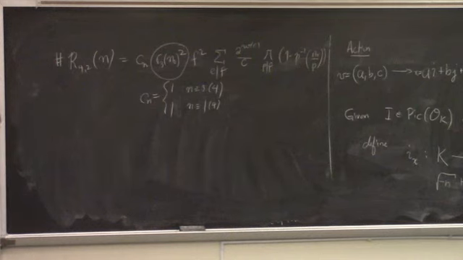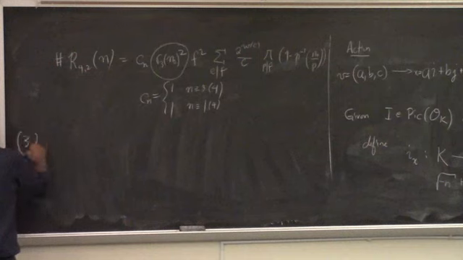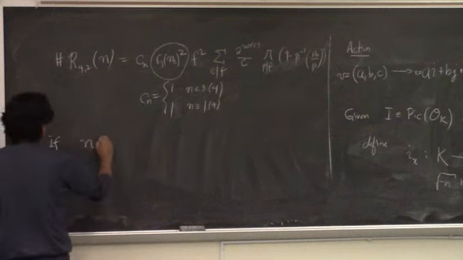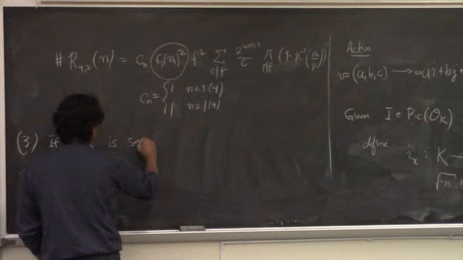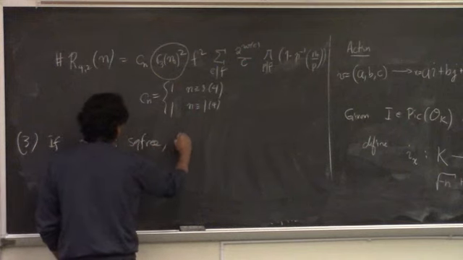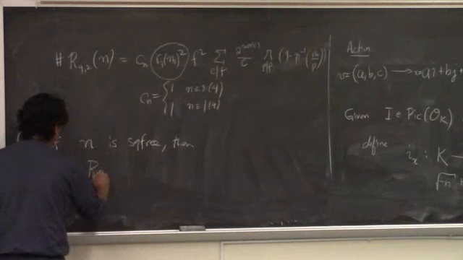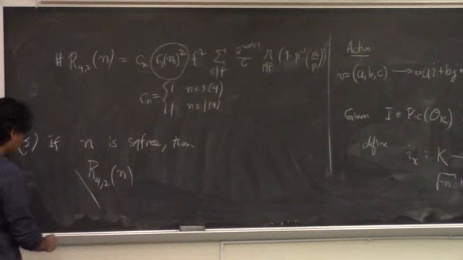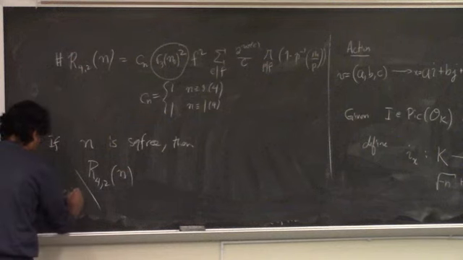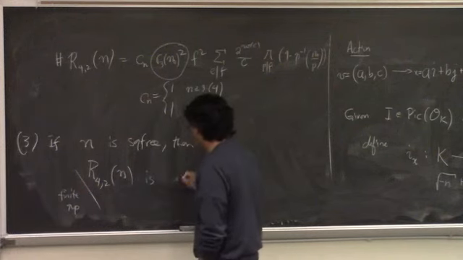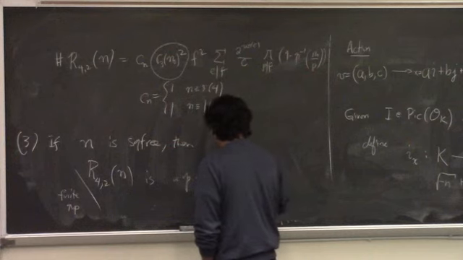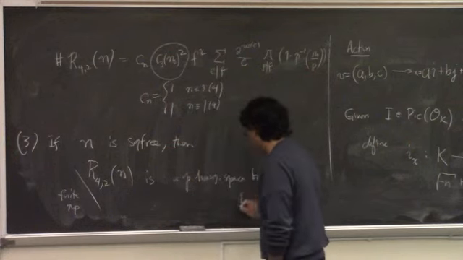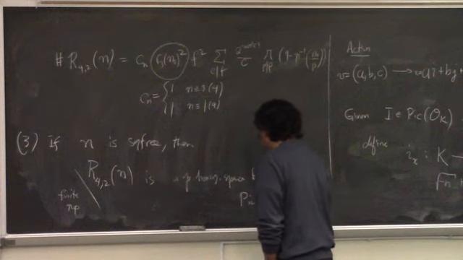Okay. 3. If n is square free, then the set of planes mod some finite group is a principal homogeneous space for the class group of K, squared.